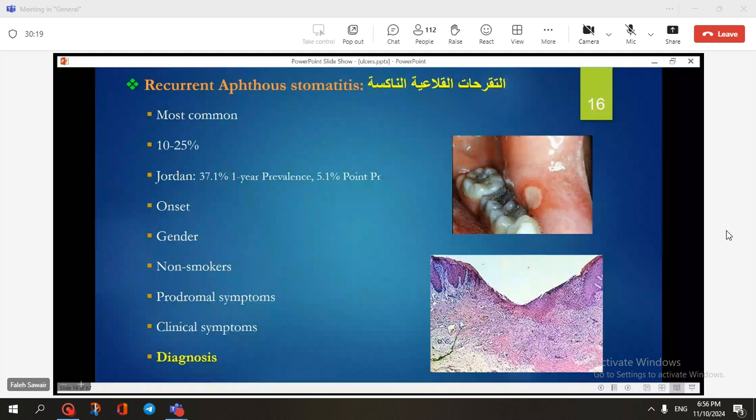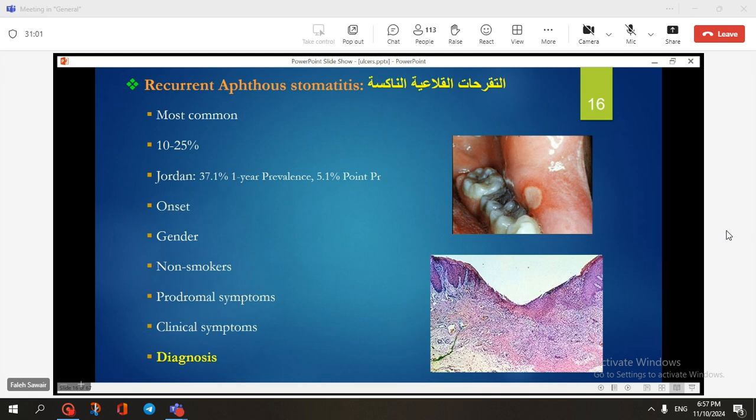The patients present with prodromal symptoms before the ulcers. They feel a tingling sensation, a burning sensation at the site of the ulcer, and then the ulcer appears. Clinically, the ulcer is associated with pain. These ulcers are characterized by pain; they are very painful during the presence of the ulcer.